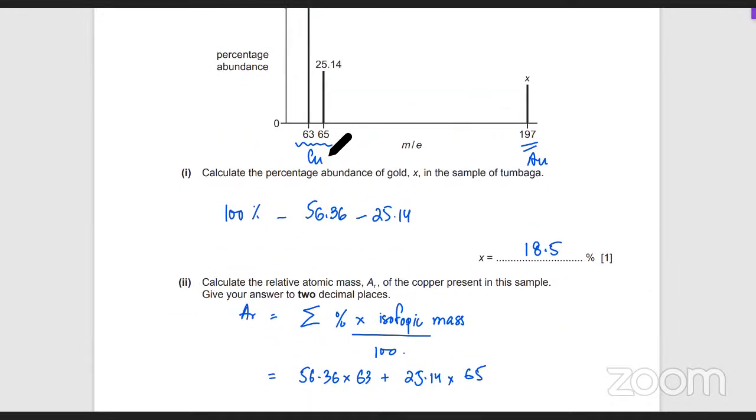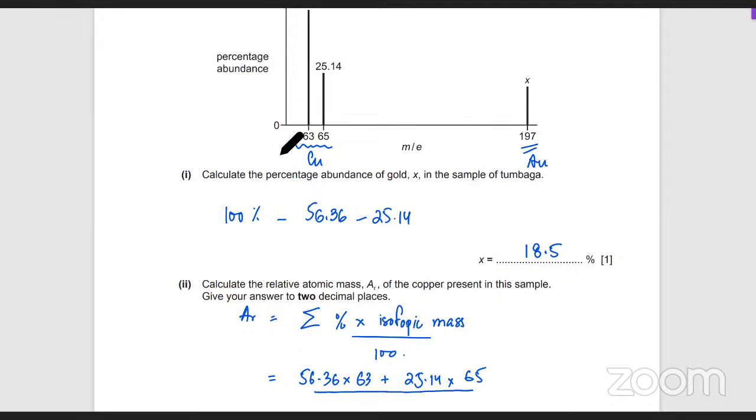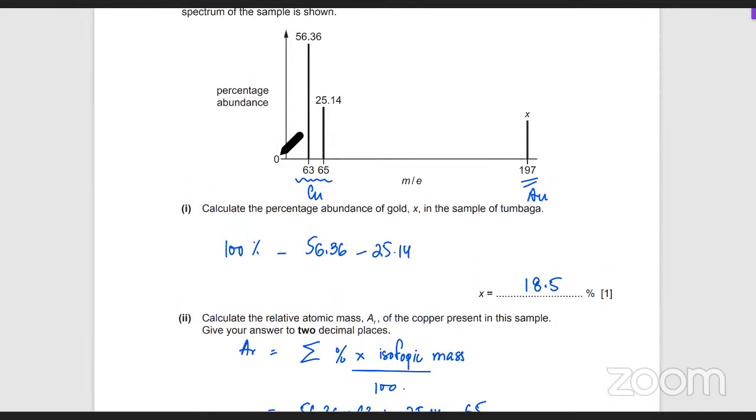और फिर divide by किससे करना है? Divide by the total percentage, right? The only problem in this case is that over here the sample is contaminated by gold. So you're not going to divide by 100% because you're only looking at copper. You don't need anything to do with gold. You're just trying to figure out the AR of copper.